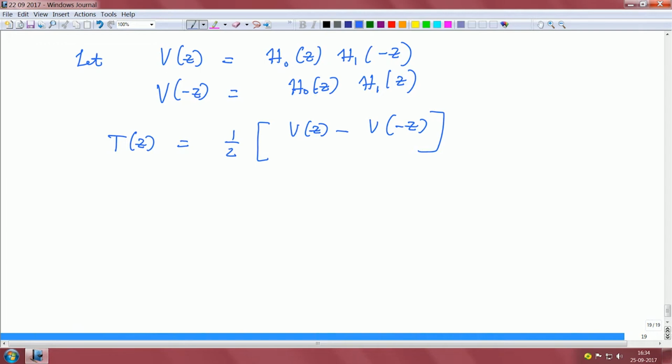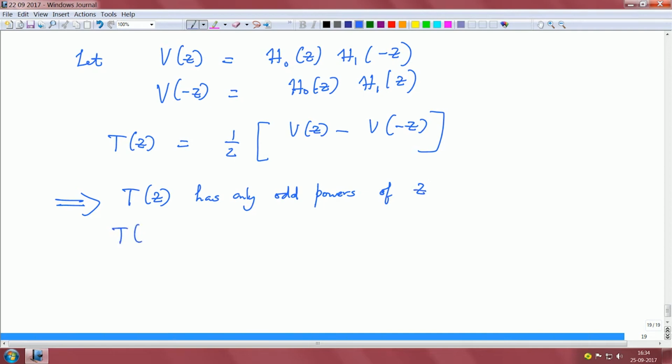Now, with this we can see that z squared and minus z squared are the same, z power 4 and minus z power 4 are the same. So, all the even powers get cancelled here and you will be left with odd powers, right. So, T of z has only odd powers of z.